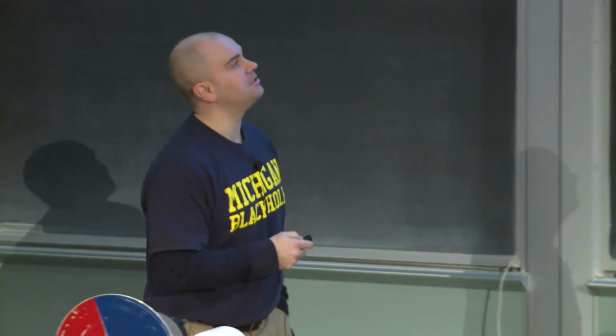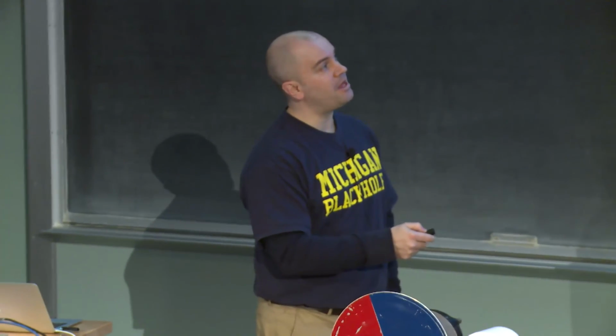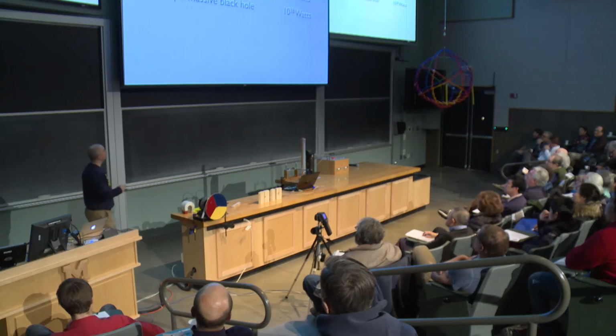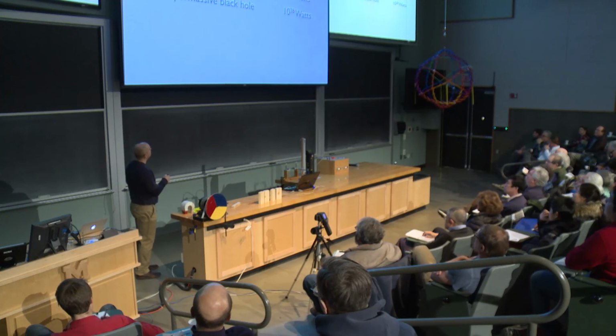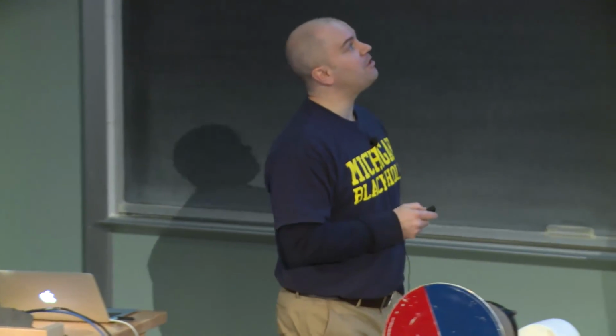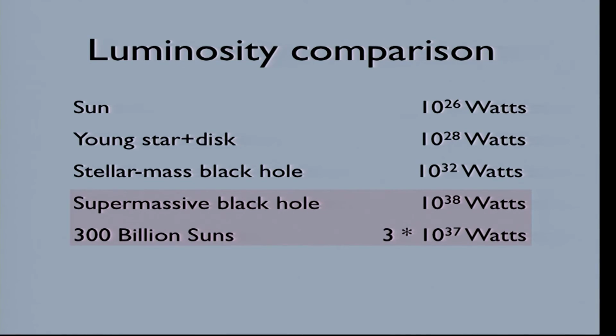We'll talk about that. And a supermassive black hole, 10 to the 38 watts of power, that's 10 to the 12 times a star, which is interesting. Remember, 10 to the 12 is a trillion. We have about 300 billion suns in our Milky Way, putting out light, by and large, mostly in the band where we see.